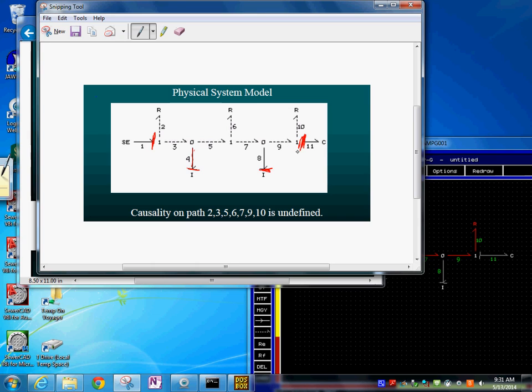And then can I progress over here? No. Can I make some progress over here? No. Over here? No. And here? No. Do you see the problem? I cannot assign the causal marks on any of this stuff. And that's what the problem is here.